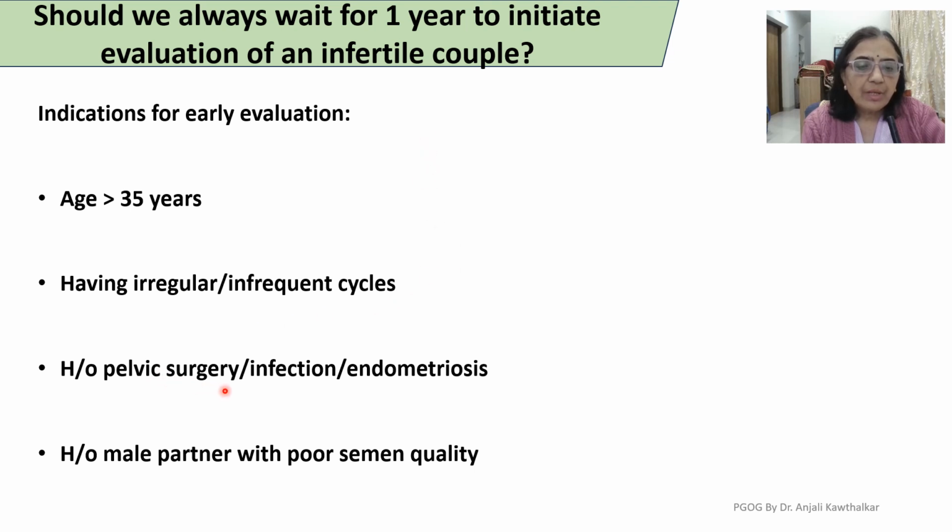If there is a previous history of pelvic surgery, pelvic infections, or history suggestive of endometriosis, in these cases also there is no need to wait for 1 year post marriage; we can initiate the evaluation after 6 months. And if there is already a history of a male partner with poor semen quality, then also we can initiate the evaluation earlier. So these are the four indications for early evaluation, which we should all practice whenever we are considering when to initiate the evaluation for infertility.